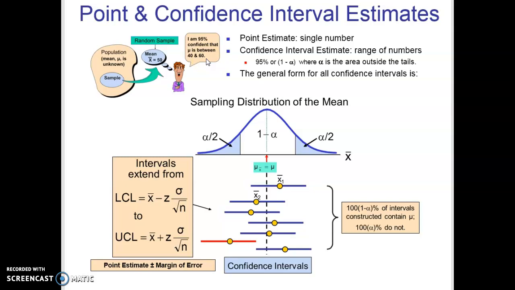If I, for example, go and collect a sample of San Diego State students, let's say I select 100 students randomly from the school, and there's 30,000 students in the whole school, then I'm going to get a point estimate. Let's say I get 3.0 as the average grade for my point estimate. But that doesn't mean that the average student at San Diego State has a 3.0.